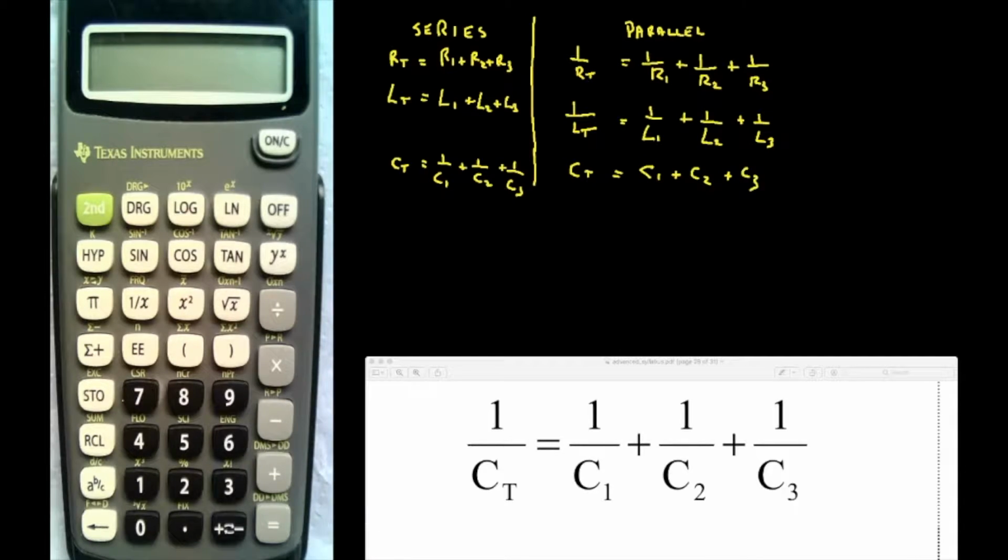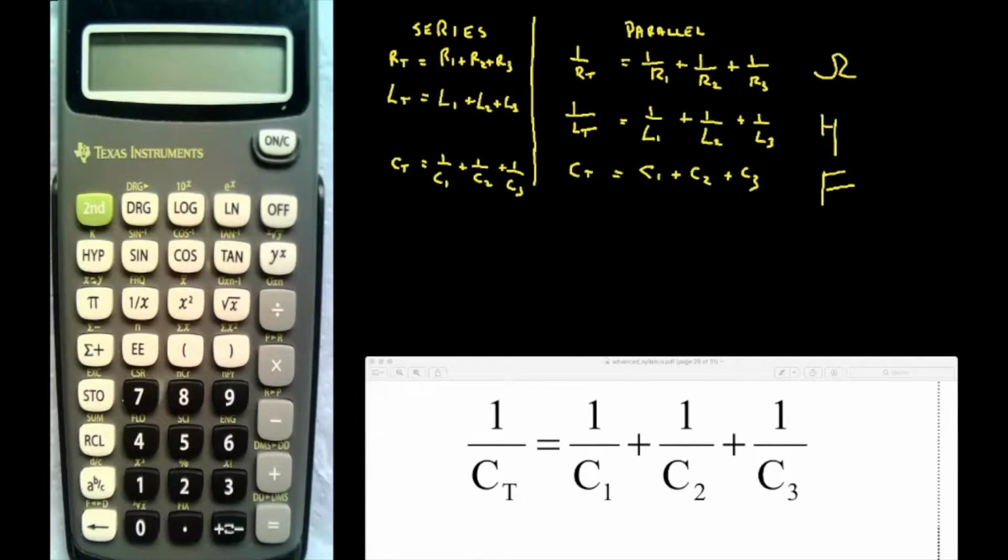So here we're looking at ohms, here we're looking at henries, and here we're looking at farads. So you can see there that the formula for capacitors is the other way round, if you like, from the formula for inductors and resistors. So that's something to bear in mind.